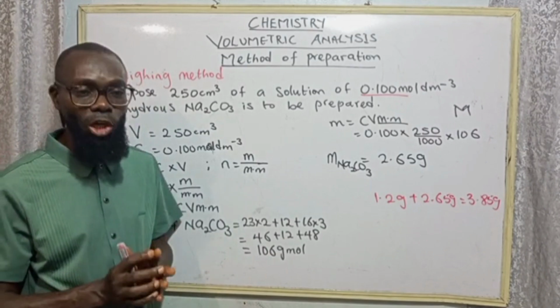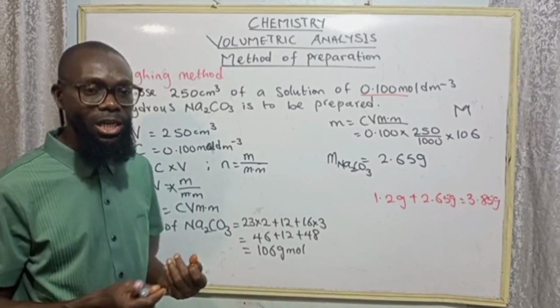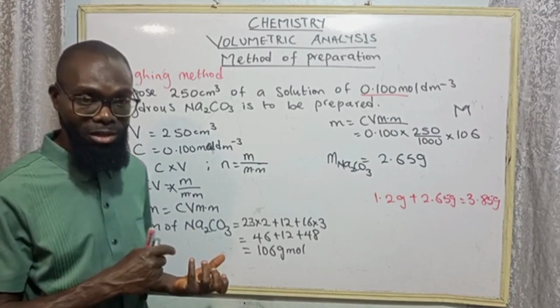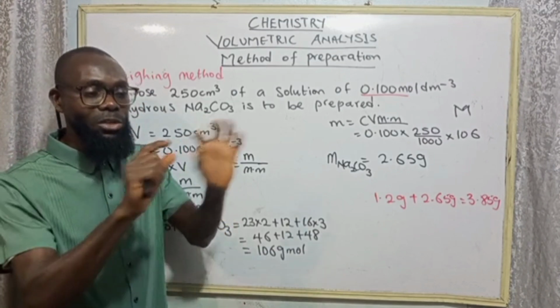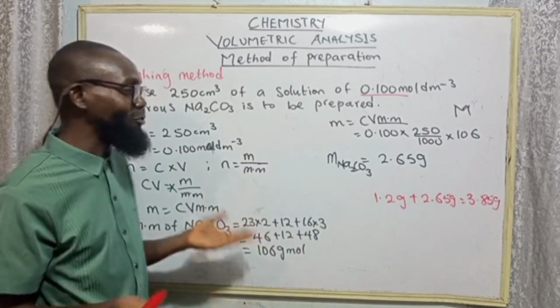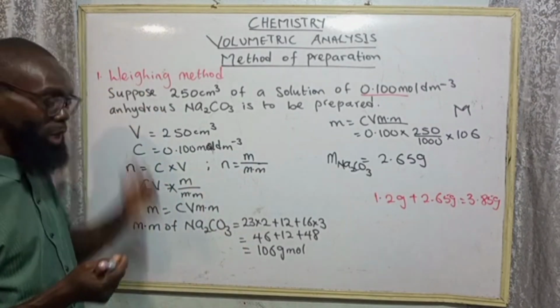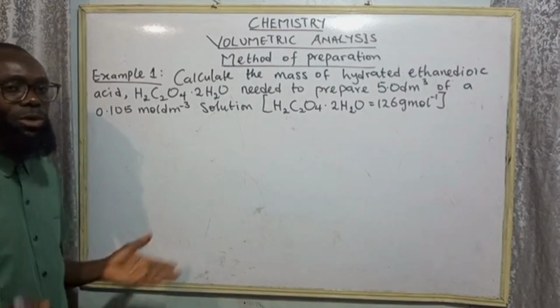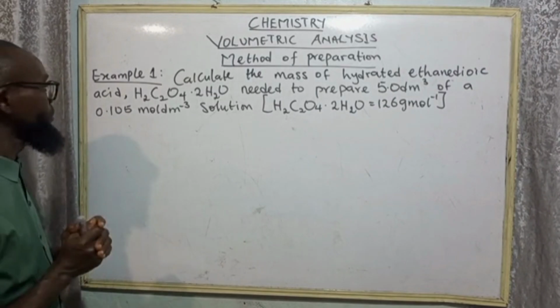After it is completely dissolved, we transfer this sodium trioxocarbonate(IV) solution into a volumetric flask. Then we top it with distilled water to the 1000 centimeter cube or 1 dm cube mark. In this case, we have prepared our standard solution by the method of what? Weighing.